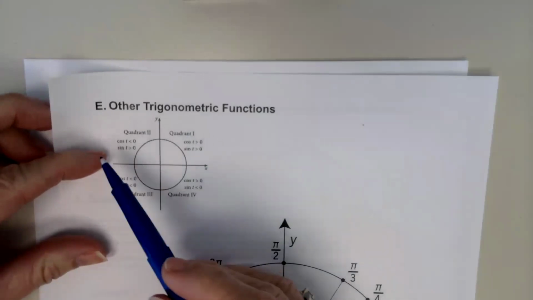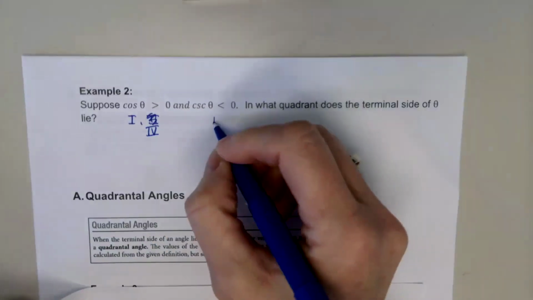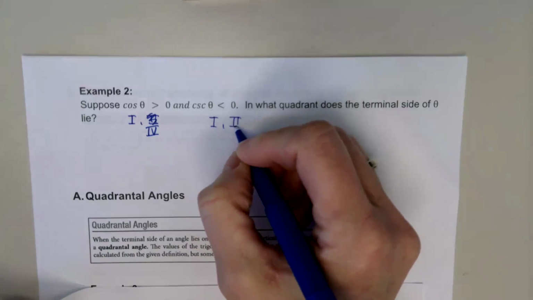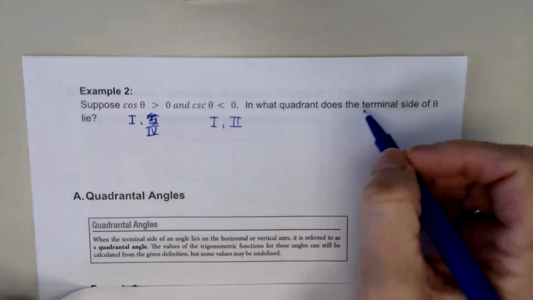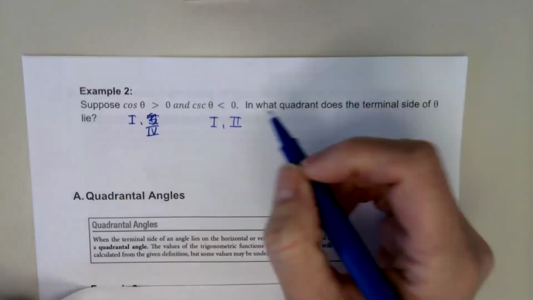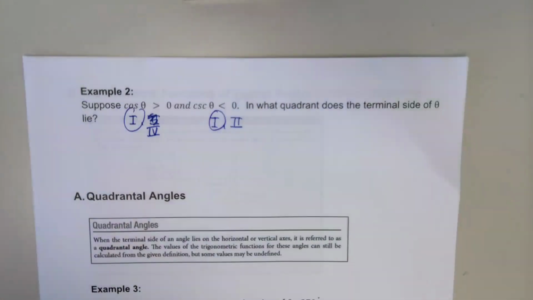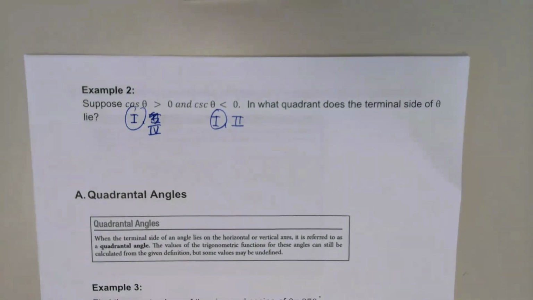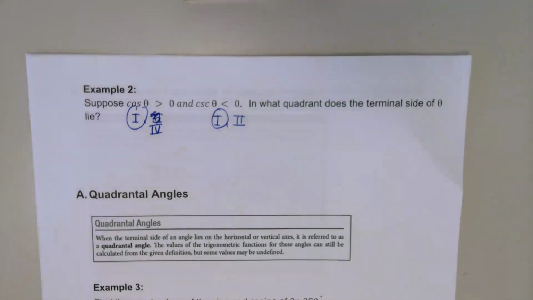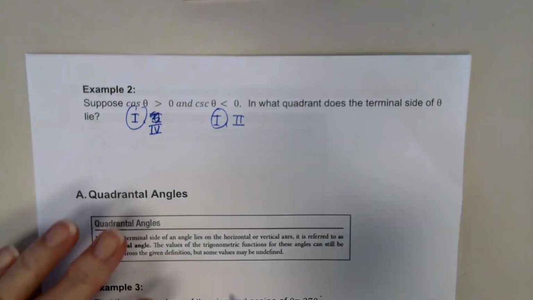Sine is positive in the first and the second. So is cosecant. So in what quadrant must its terminal side lie? It has to be where they are similar. So this must be in the first quadrant.